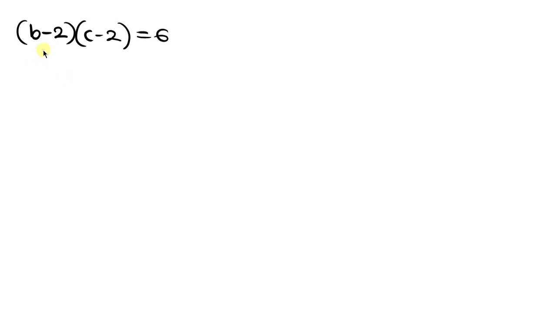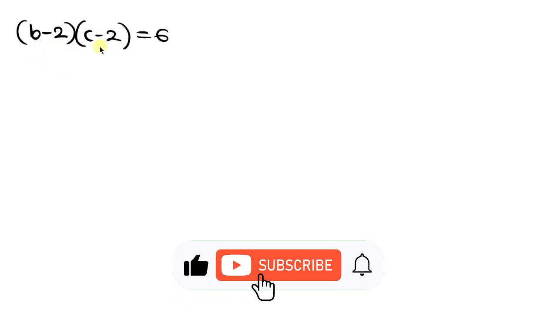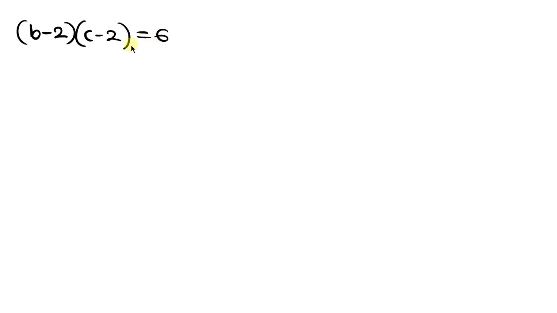So we see that 2 factors on the left multiply to give 6. But recall that B is smaller than C. So our next step will be for us to write the factors of 6. So this becomes B minus 2 times C minus 2.